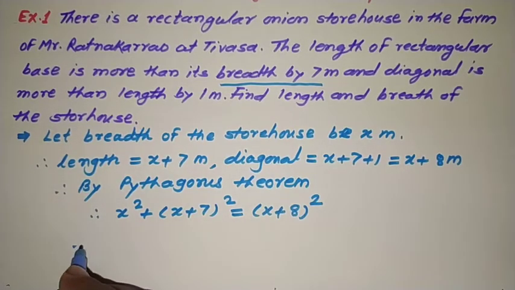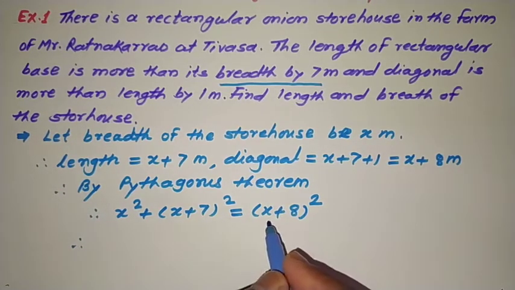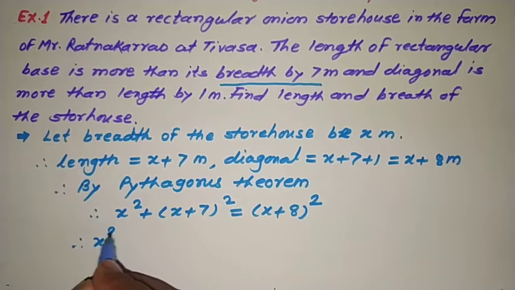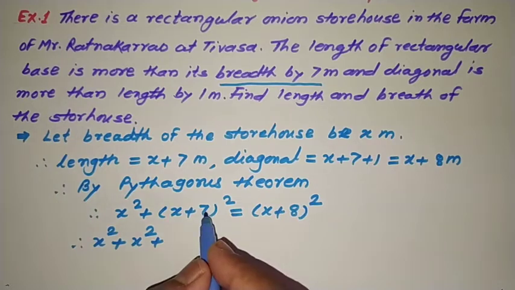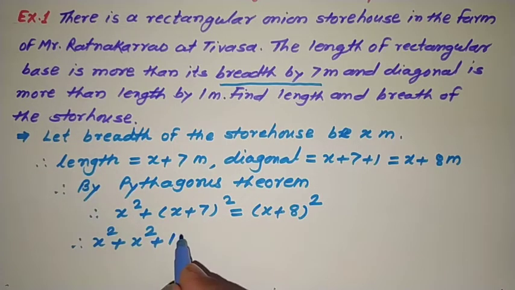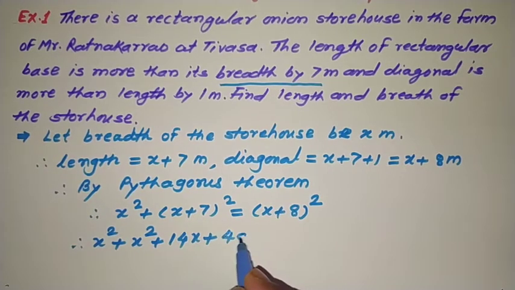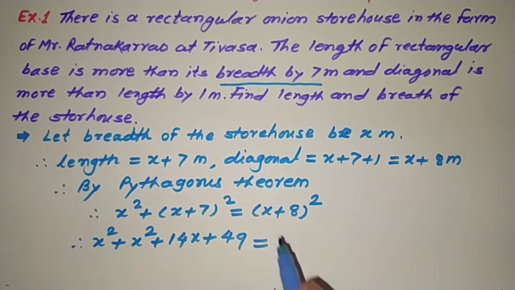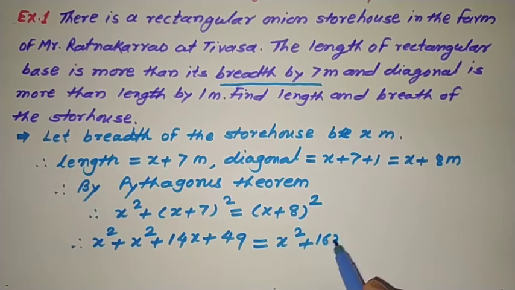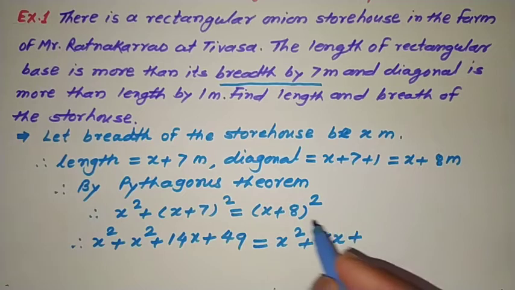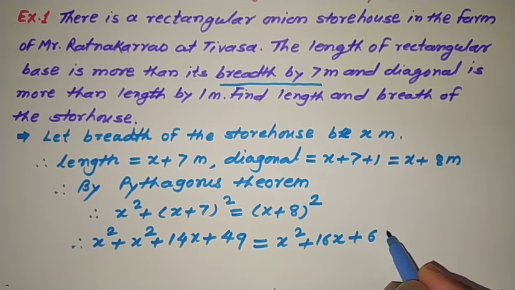Use the expansion formula of (a plus b) whole square for (x plus 7) square and (x plus 8) square. x square, the square of the first term, plus 2 into first term and second term, 2 into 7, 14x, plus square of second term 49, is equal to x square plus 2 into first term and second term, 16x, plus square of second term, 64.